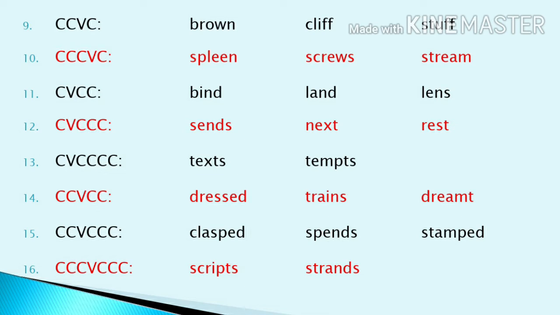CCVCC structure: dressed, trends, dreamt. CCVCC structure: clasped, spends, stamped. CCCVCC structure: scripts, strands. So these are the various structures that we find.